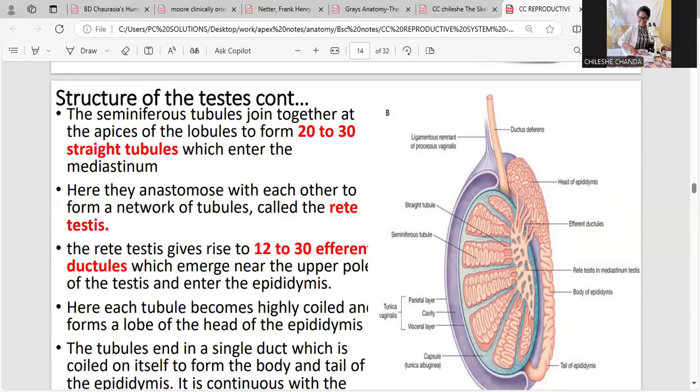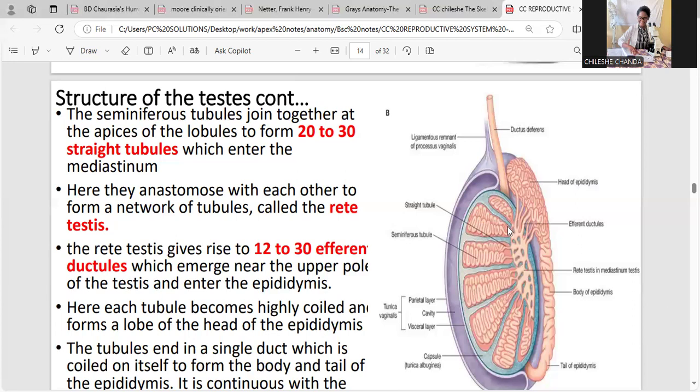Continuing, when we go back to the seminiferous tubules, you are going to notice that at the end of each lobule, at the apex of each lobule, they join together.